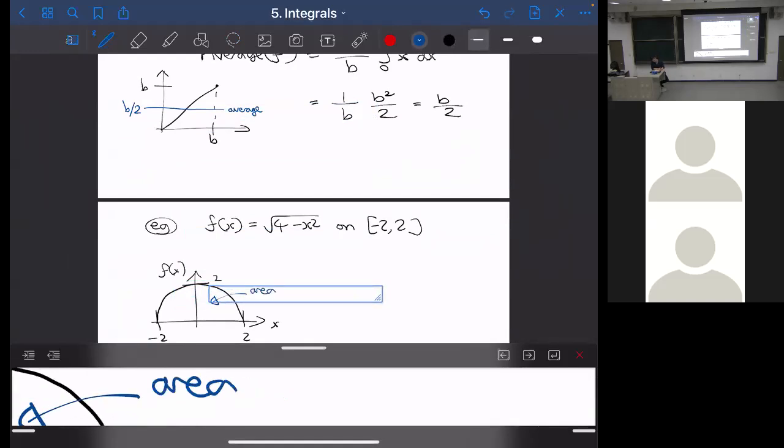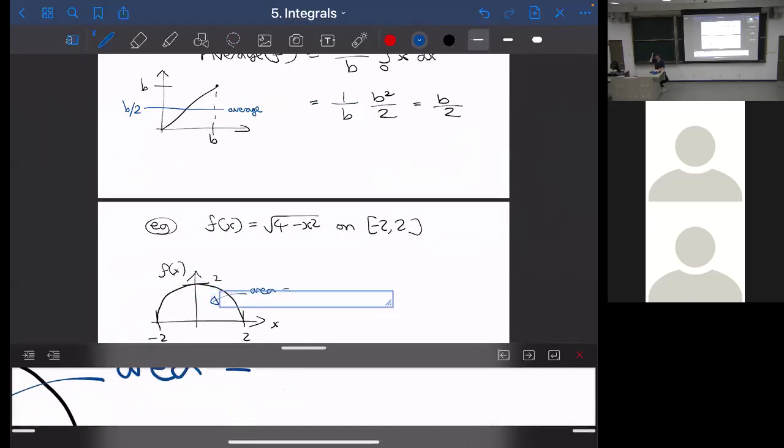The area is 2 pi. So it's half pi r squared, that's half 4 pi.